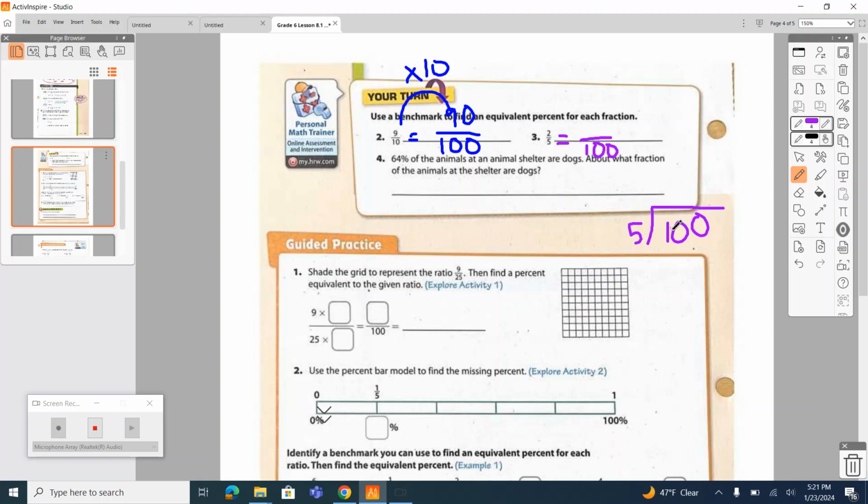It does go into 10 2 times. 2 times 5 is 10. Subtract. I have a 0. I bring down another 0. 5 goes into 0. This is the tricky part. It goes actually in 0 times because 0 times 5 is 0. And my answer is 20. Okay, so if I'm converting it, this is 20%.